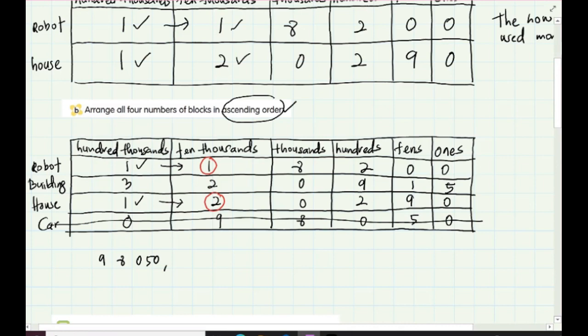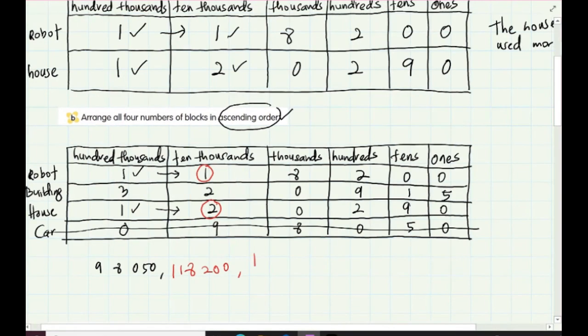Okay. So the robot are using 118,200. So the house, for the third number, the house are using 120,290. Okay. And the last one, the largest number is building.